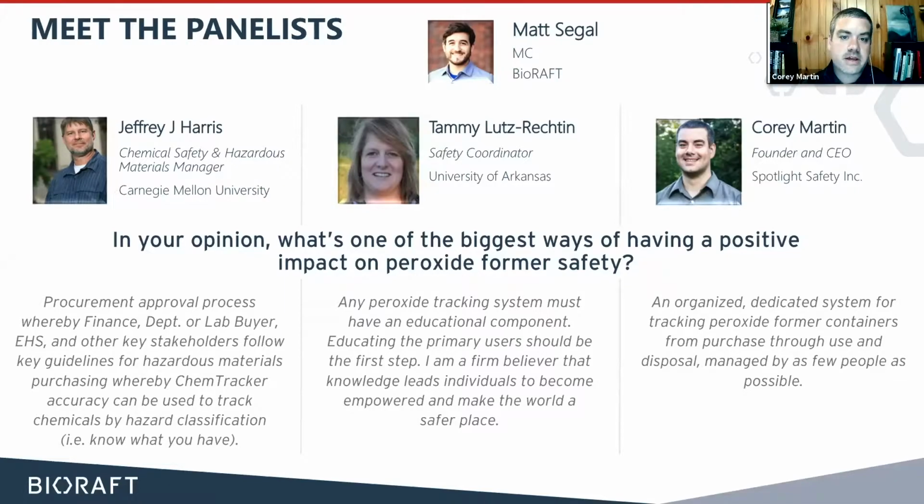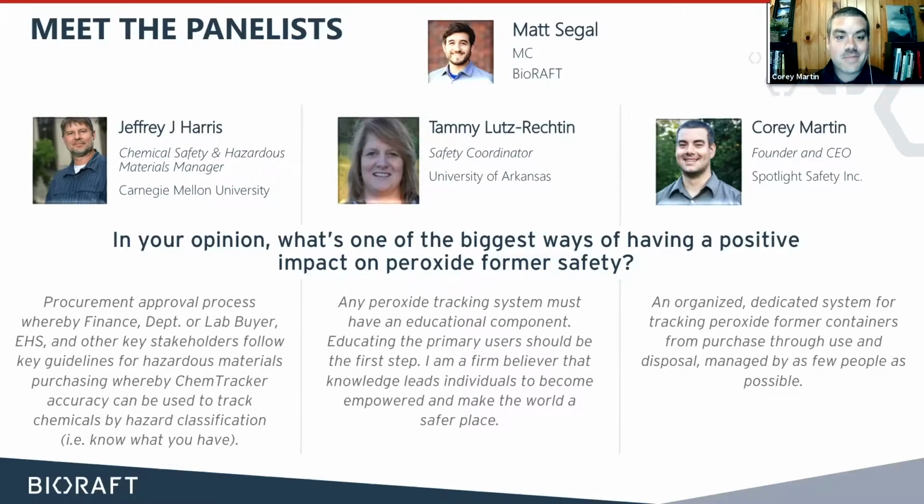Yeah, I agree with that point. I think it's pretty easy if you understand the chemistry that's going on in the space to understand if you have a complete chemical inventory in front of you. I think a lot of times if you understand the synthesis that's going on in the lab, you can start to ask questions about, this seems like something that would require tetrahydrofuran or 1,4-dioxane or some of the more common ethers.